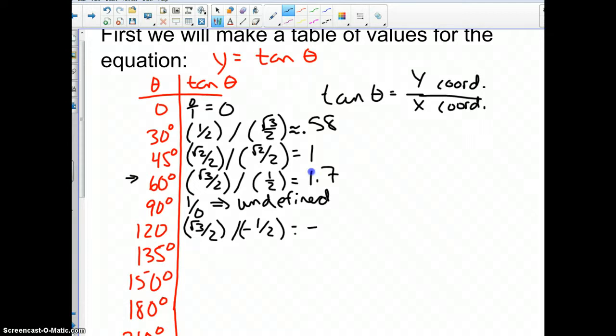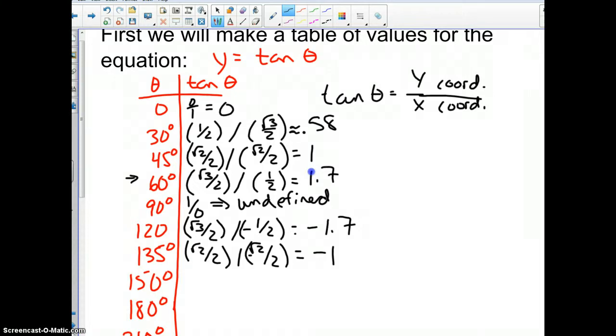That's just going to change this to a negative number. Then we go on to 135. You have the square root of 2 over 2 divided by the square root of 2 over 2, and excuse me, the x coordinate here is negative. So basically it's the same as the 45, only it's going to be negative.